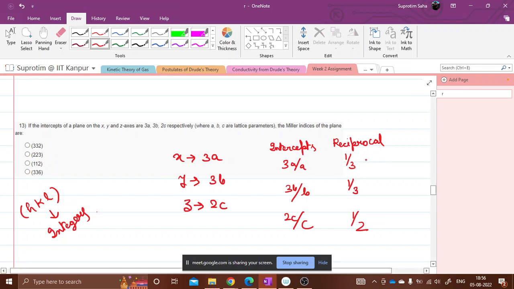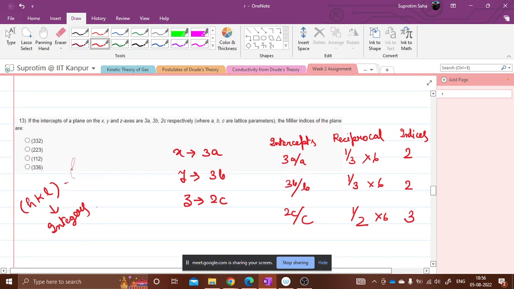Times 6, times 6, times 6 will give you 2, 2, and 3. So the correct answer is that your hkl would be the (223) set of planes.